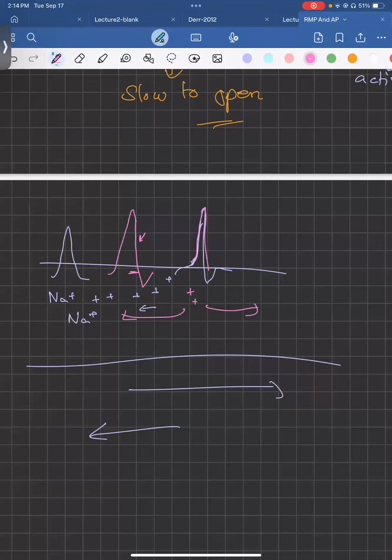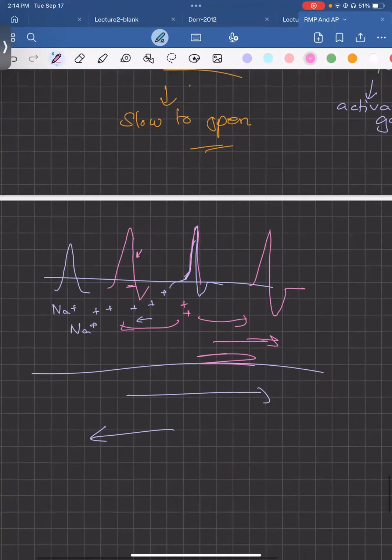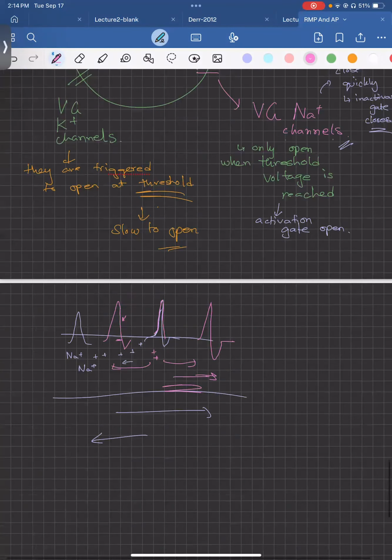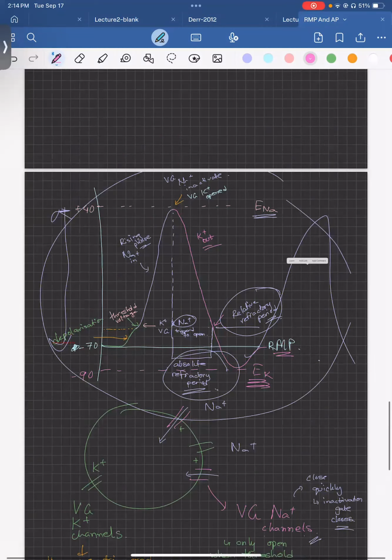That means their sodium channels are inactivated and will not be opened. So even if the positive charges flow in both directions, the action potential can only go in one direction. Let me know if that's not clear and we could talk about that as well.